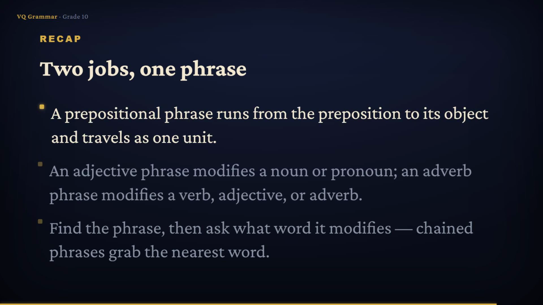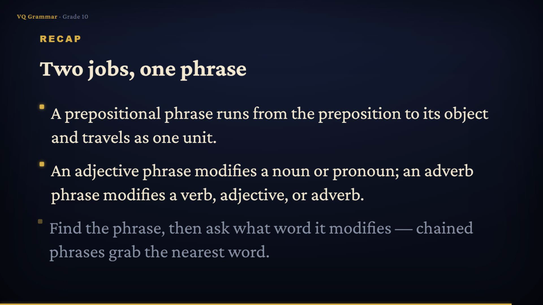A prepositional phrase begins with a preposition and ends with its object, and it travels through the sentence as a single unit. That unit has one of two jobs. When it modifies a noun or a pronoun, telling us which one or what kind, it is an adjective phrase.